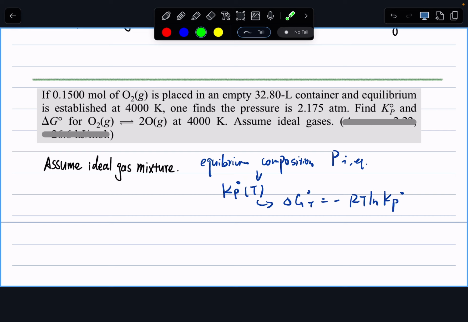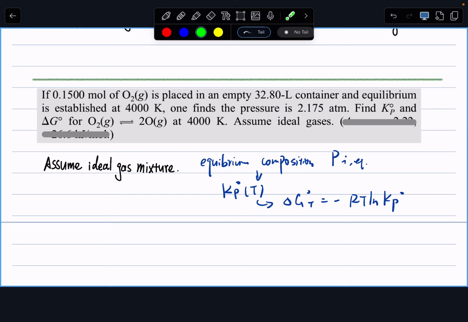Okay, I'm just gonna do it on the board. And you can find the results on the annotated note as well. So what do we know? We know that equilibrium is established at 4,000 K. We also know the pressure at equilibrium equals 2.175 atm.